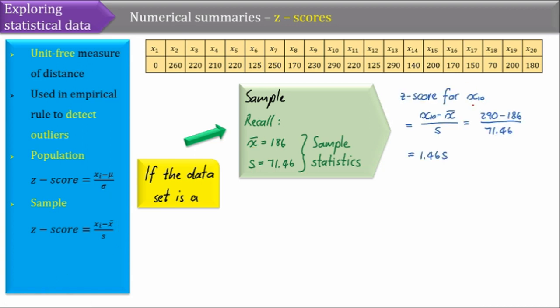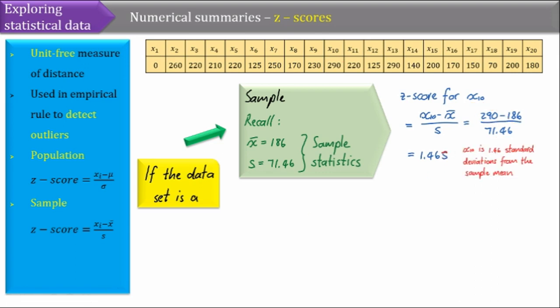If I take x10, for example, x10 is 290, and that means I'll take 290, I'll subtract 186 from it, and I'll divide that answer by 71.46. So this is 1.46 s. Okay, this is an s.